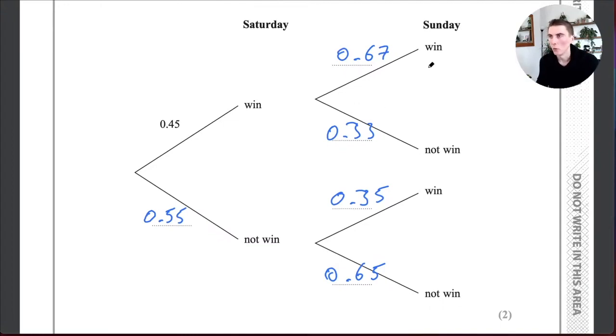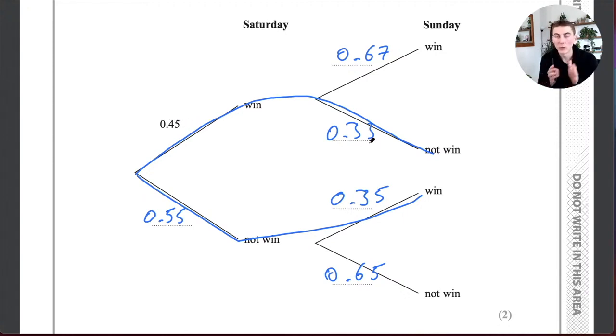So if you only win one, basically you could win the first, but not win the second. Or you could not win the first, but win the second. In either of those 2 cases, you've only won 1 out of 2 games. So if we think about this top one first, to win this and not win this, we have to do these probabilities.